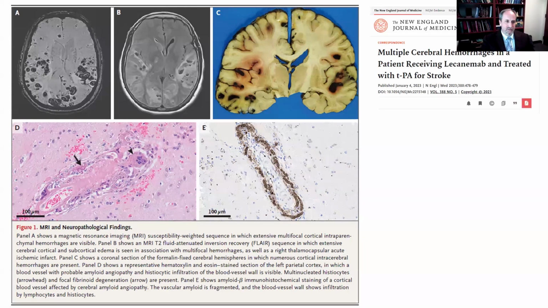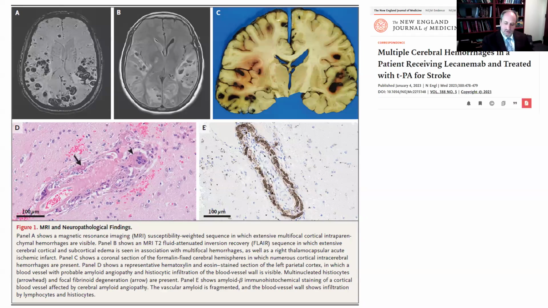So you have histiocytes infiltrating the blood vessel wall, but only those blood vessel walls that contained A beta. Like here, you can see a little bit of A beta that's residual, and we see histiocytes, including multinucleated histiocytes. And we see some fibrinoid necrosis here. So this is a genuine vasculitis. And you can see the fragmentation of the amyloid beta on the A beta immunohistochemistry.